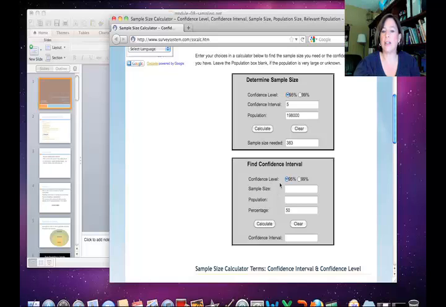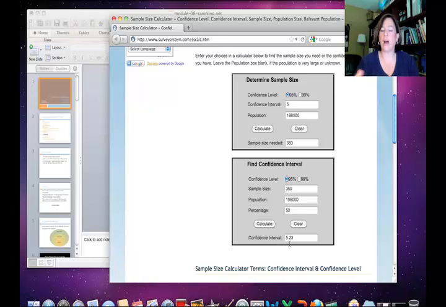So I know the confidence level that I want is 95%. My sample size, let's say I only got 350 to answer that community survey. And I know that my population is 198,000. Percentage at 50%, calculate.